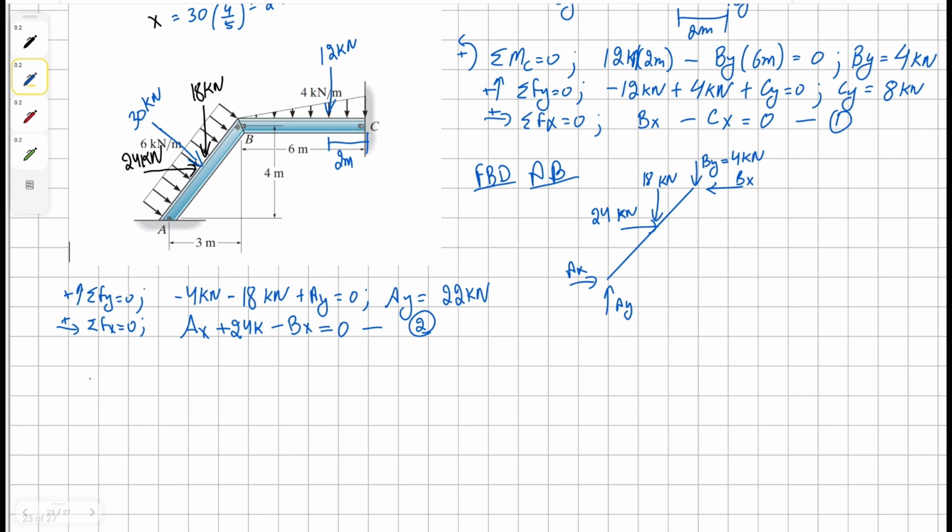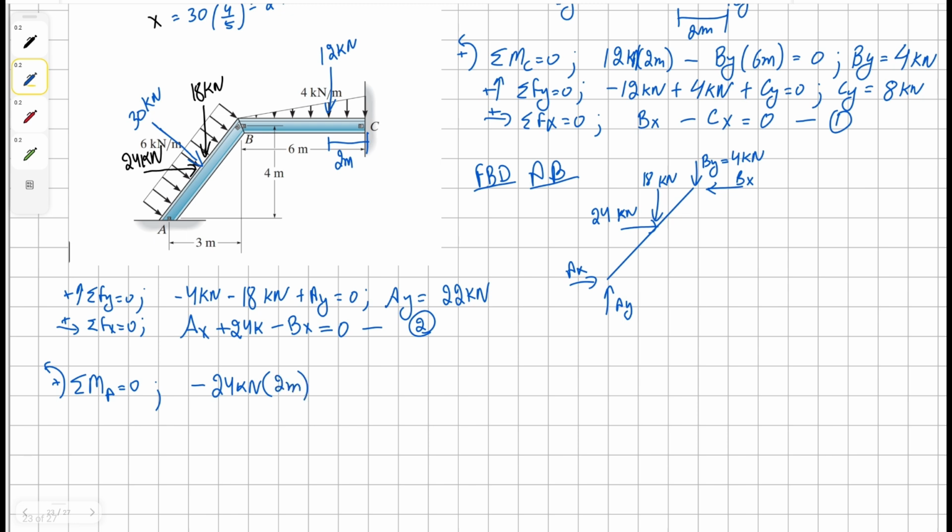Now we can take a moment about the point A to find our solution for Bx. So we can have 24 kilonewton clockwise, and it's 2 meters away.